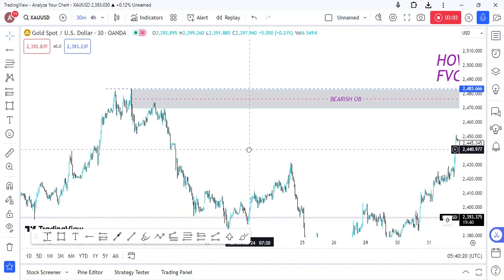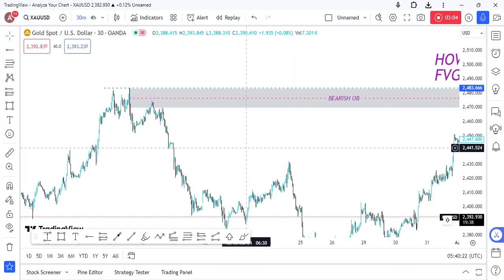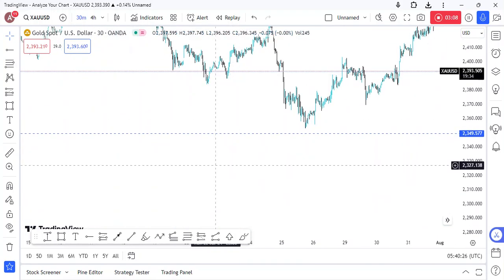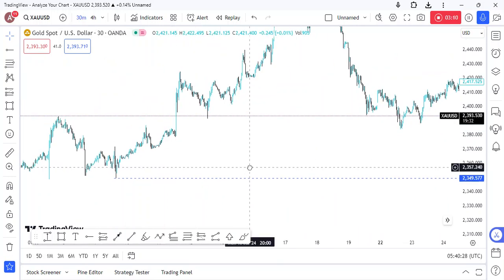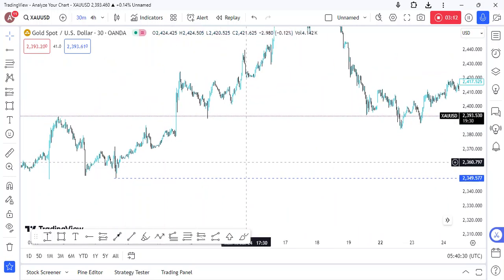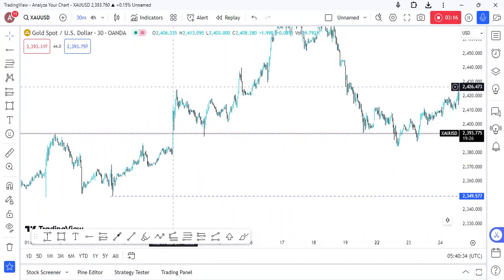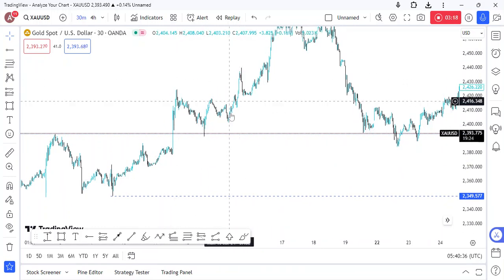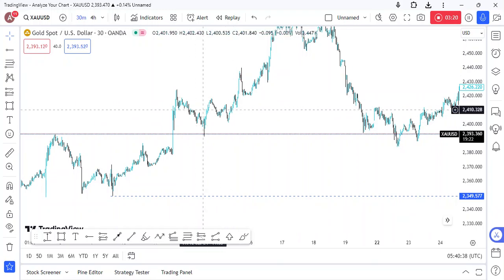So before a downward move, the last bullish candle is the order block, and before a massive upward move, the last bearish candle is the order block. Some people say price moved here and went back.